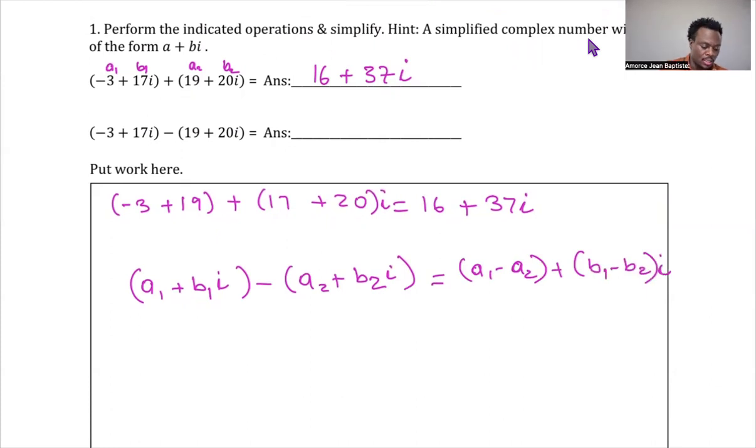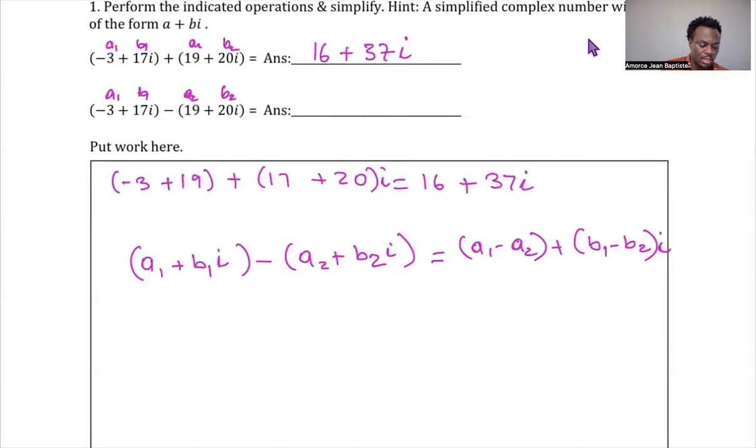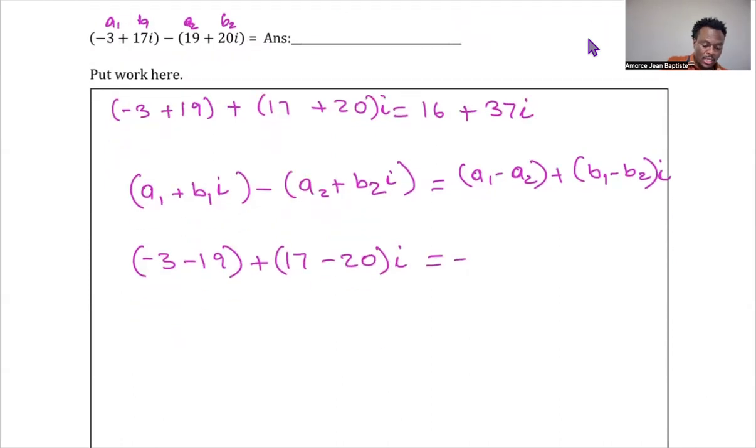So in this case, if we call this one a1, b1, a2, b2, then we get -3 minus 19 plus 17 minus 20i equals -22 minus 3i.